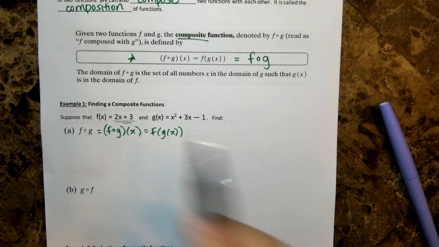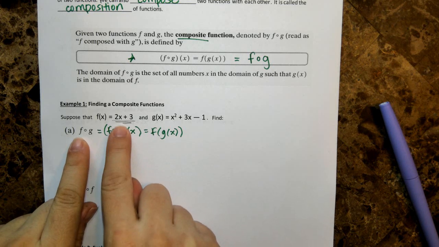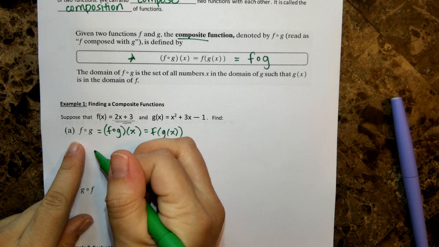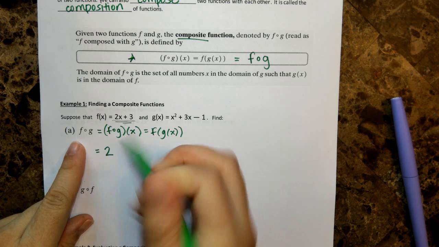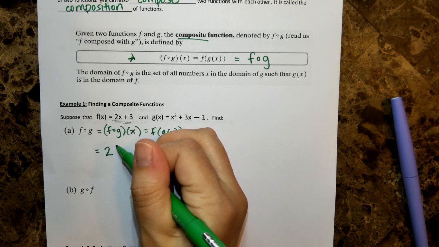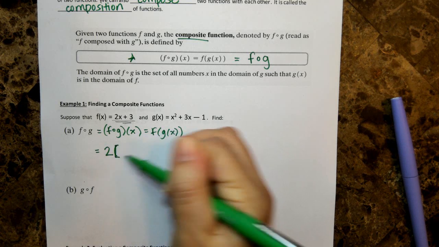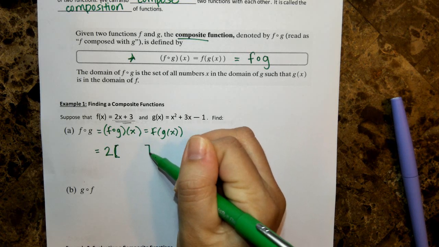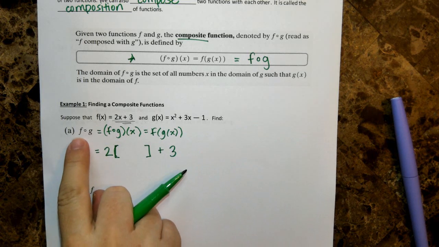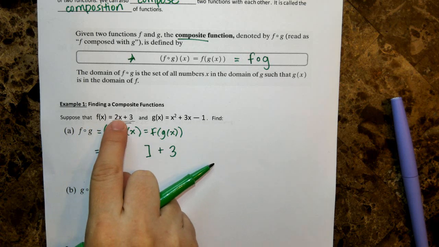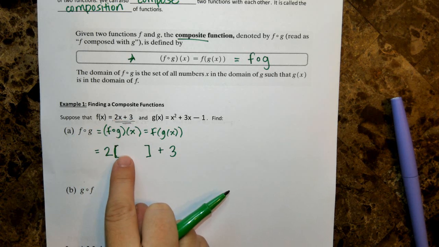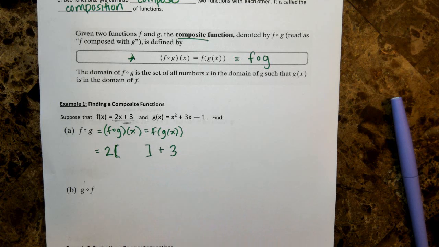I'm going to start with my f function, 2x plus 3, and I want us to write 2, and instead of x, which is usually our input, a blank set of parentheses, or you can even do brackets, and then plus 3. So what I've done is take my f function, 2x plus 3, and write it, but instead of x as the input, I just wrote 2, blank, plus 3.